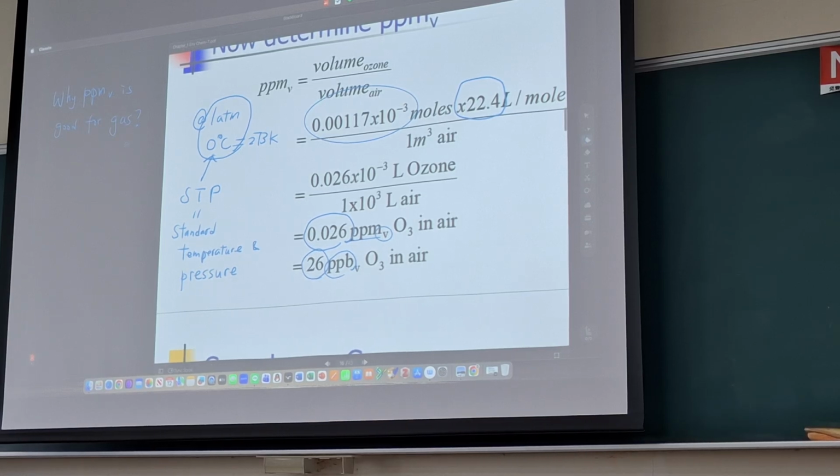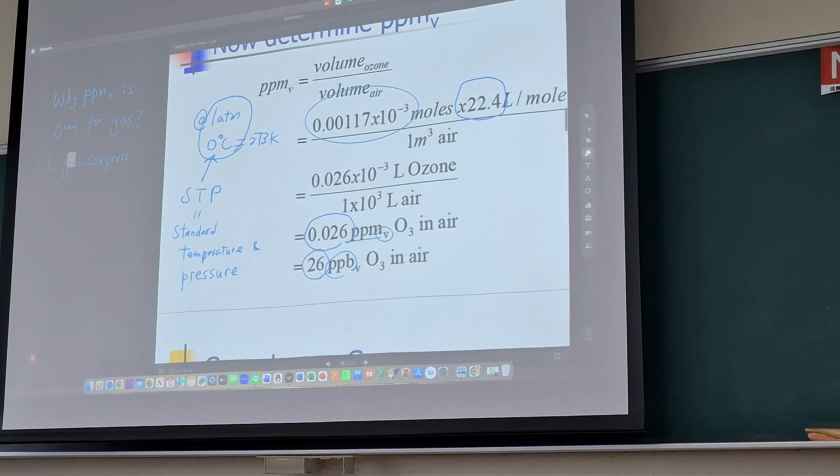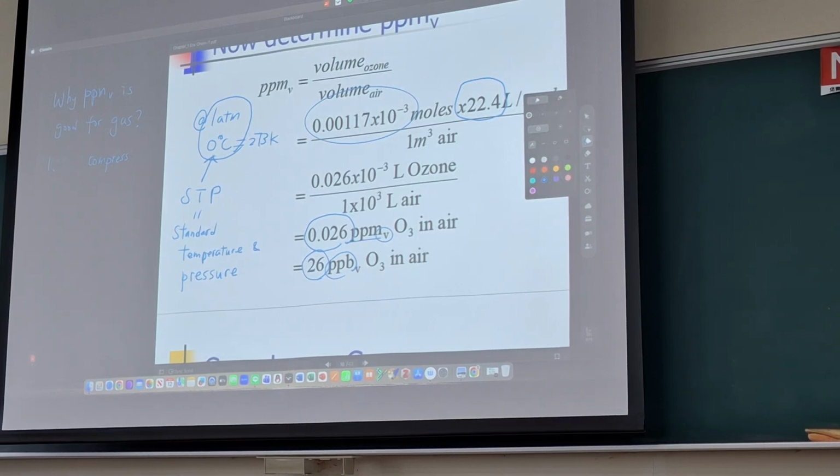If I ask a quick response question like this, you just give me a very short answer. Number one, gases compress and expand.